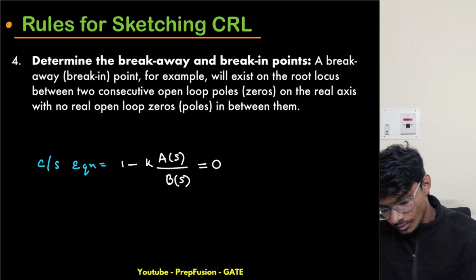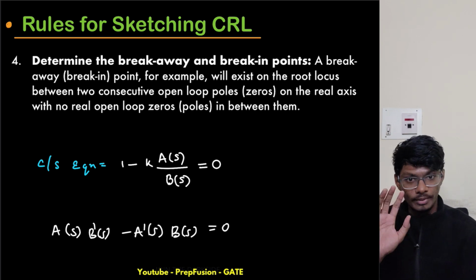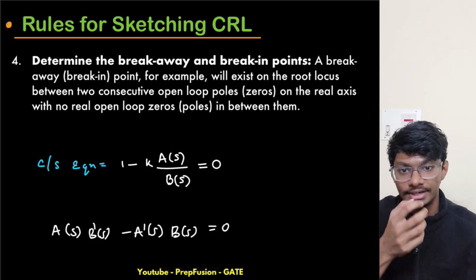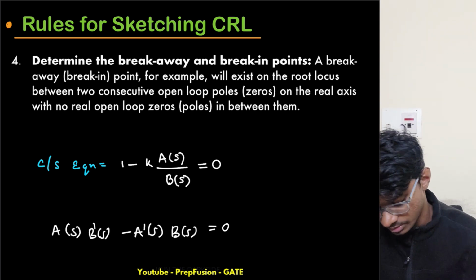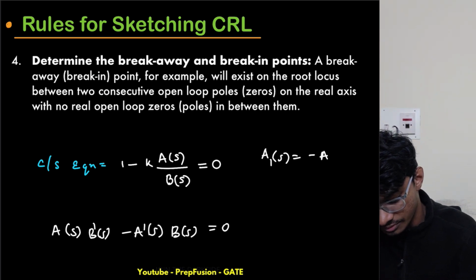Because what we used to do was A of s into B dash of s minus A dash of s into B of s equals 0. Now you might ask, if I change my A of s, let's name it A1 of s equals minus A of s.